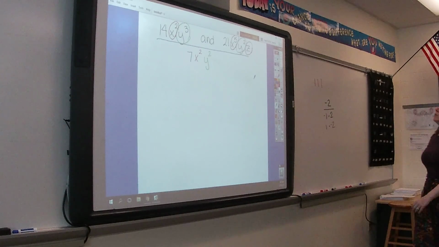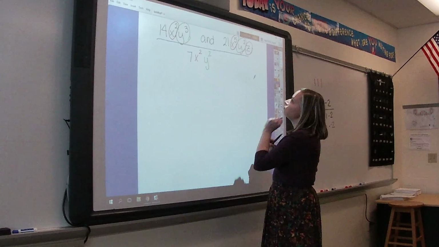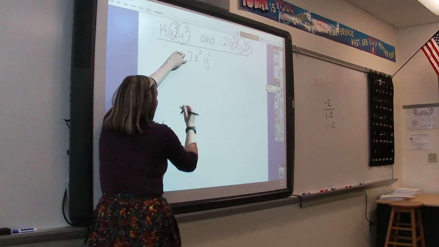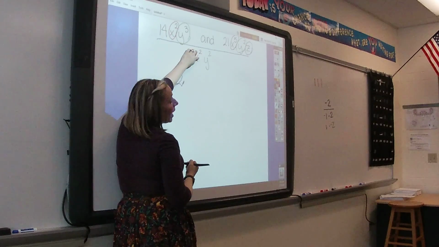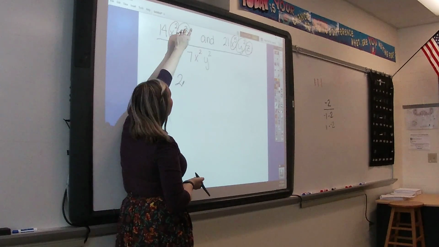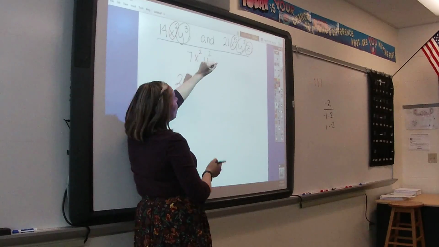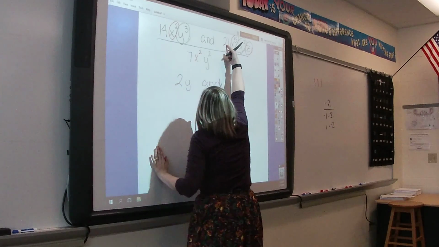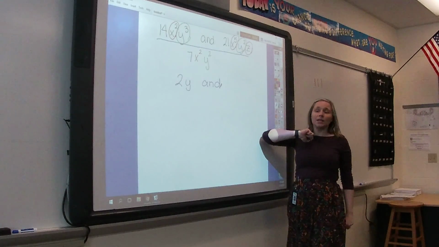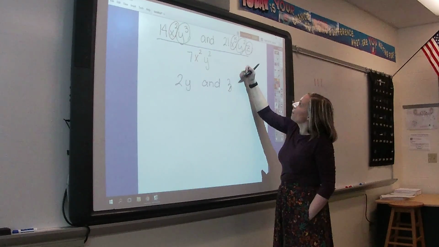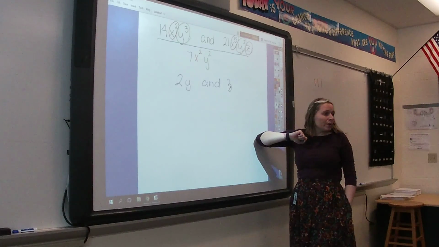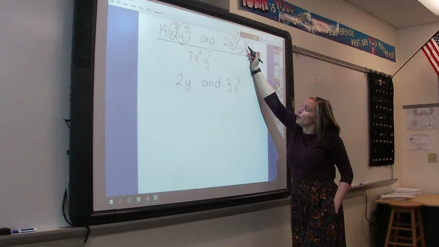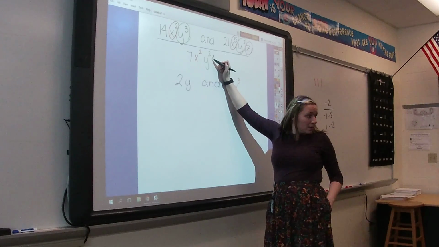Okay, so we'll divide this out. 14 divided by 7 is 2. 2 minus 2 is 0, gone. 3 minus 2 is 1. 21 divided by 7 is 3. 5 minus 2 is 3. 2 minus 2 is gone.